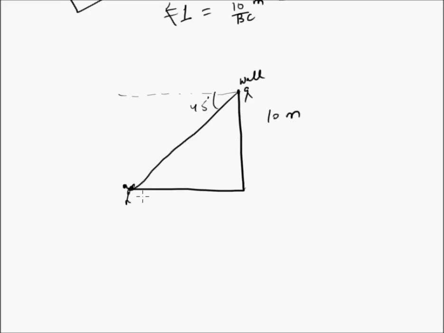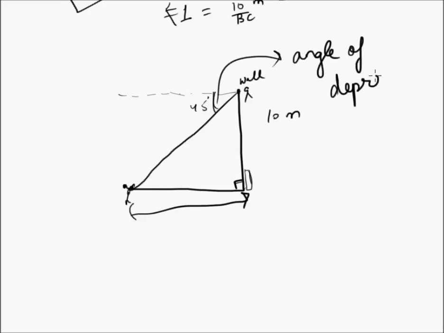So now he is interested in how much far he is from the gate of this wall. So again, the application of trigonometry plays its role. Friends, this angle made from the top with the horizontal is known as angle of depression.